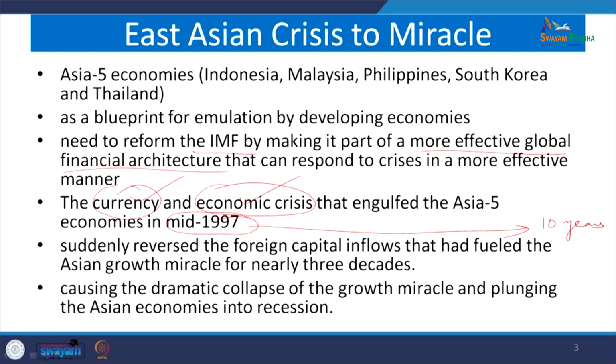So, they experienced nearly the highest growth rate, a major growth rate, for nearly 3 decades. Since there was no such major check, those turned into the crisis experienced in 1997. From 97, for another couple of years, there was recession.